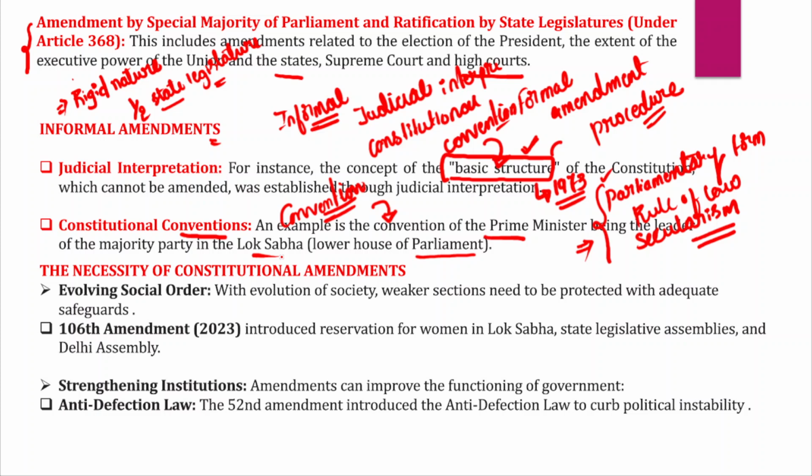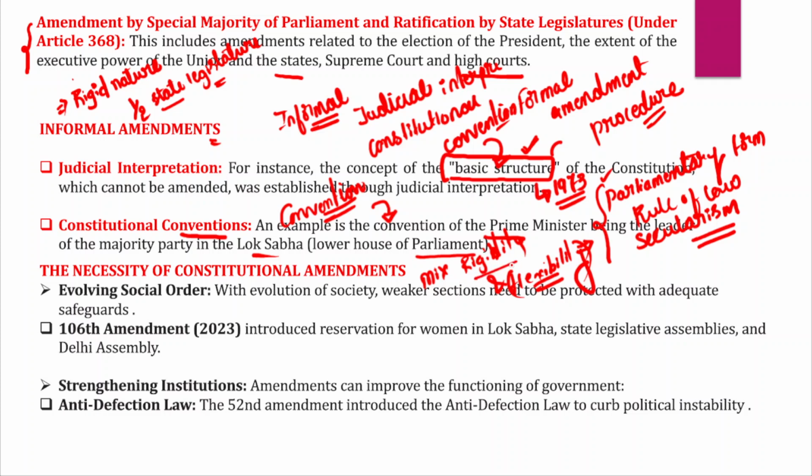Because of that particular reason, the Indian constitution is considered a mix of rigidity and flexibility. Flexibility in the sense that the Indian constitution can be amended with ease, as we have seen during the procedure of amendment of the constitution.